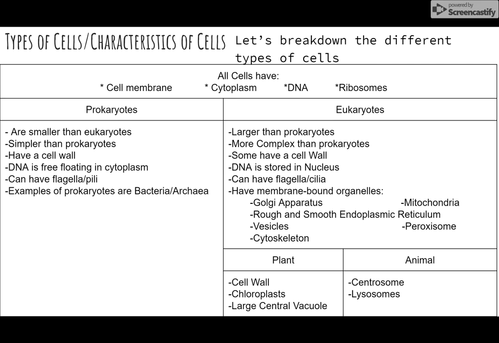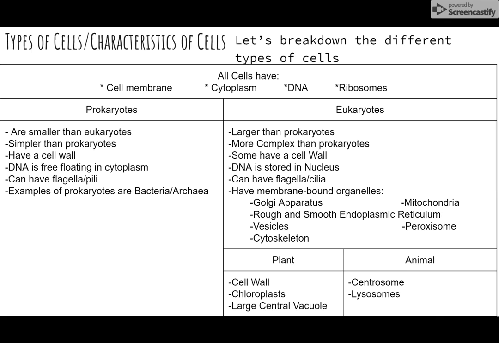Then we have vesicles that move things around through the cell. Then we have the cytoskeleton, which is some filaments that hold the cell's shape. We have peroxisomes that break down different molecules. And we have mitochondria that are responsible for making energy that the cell can use.